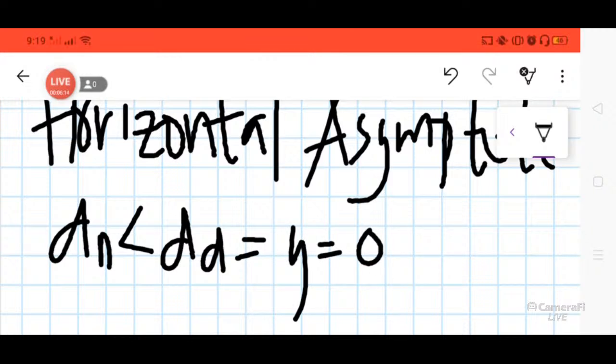It means that our horizontal asymptote is along the x-axis.